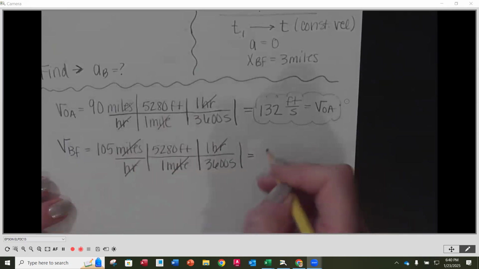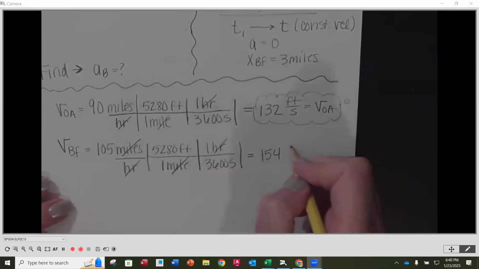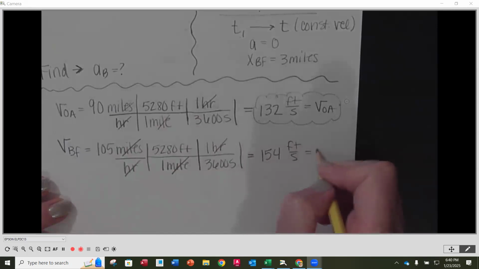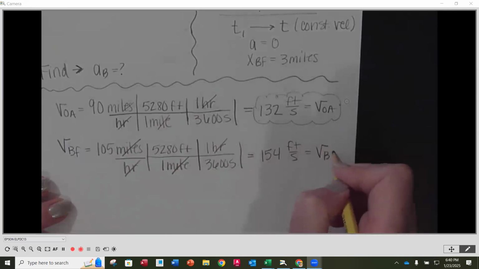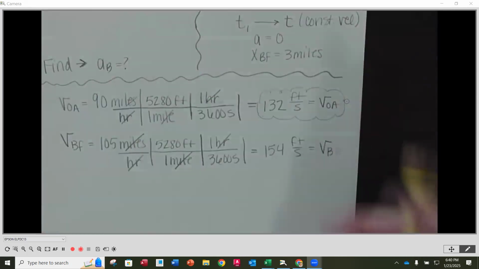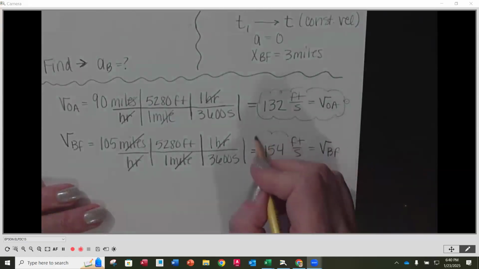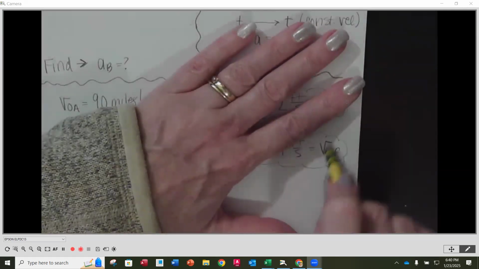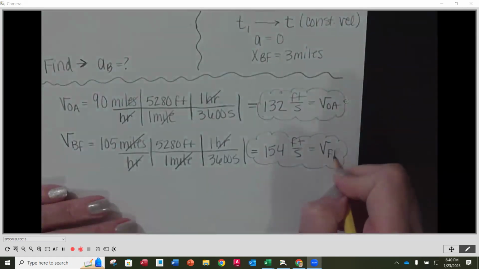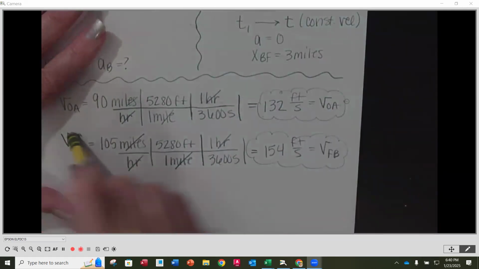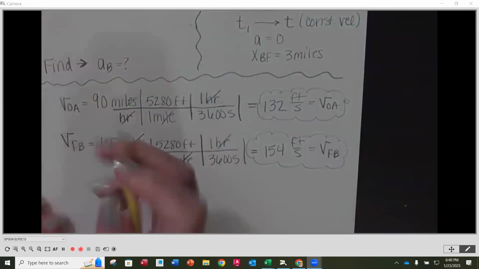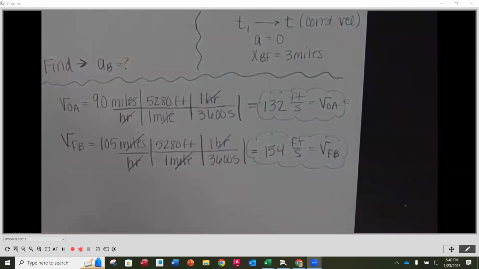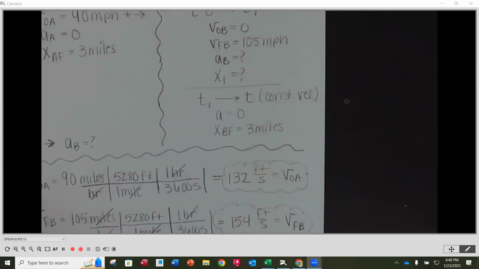So you should get for this one as well, 154 feet per second is equal to the final velocity of B. I guess I have it as FB on top. I should be consistent. FB here. Final for B here, because up here I use FB, not BF.